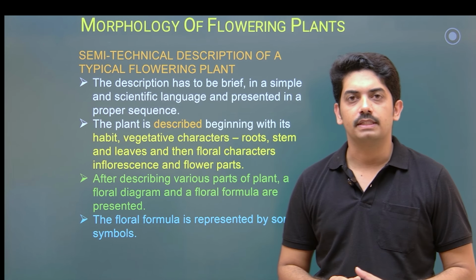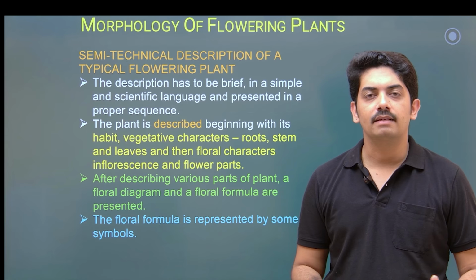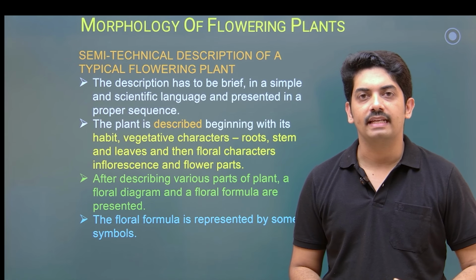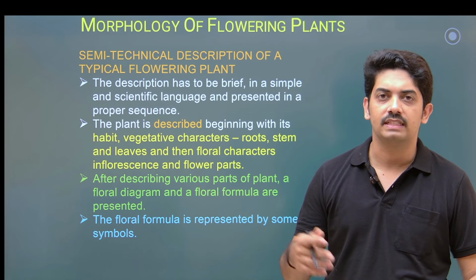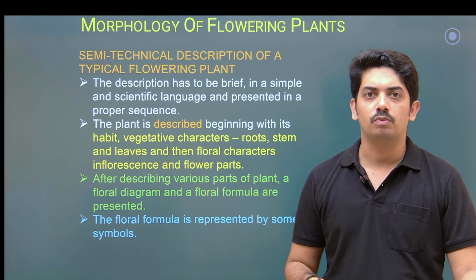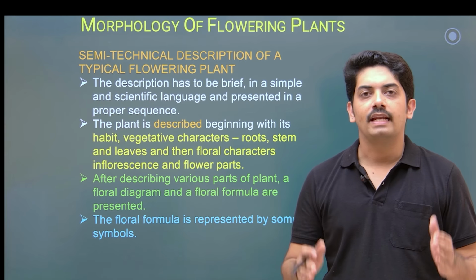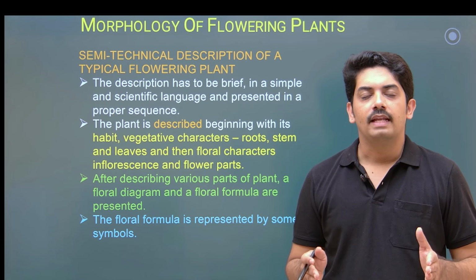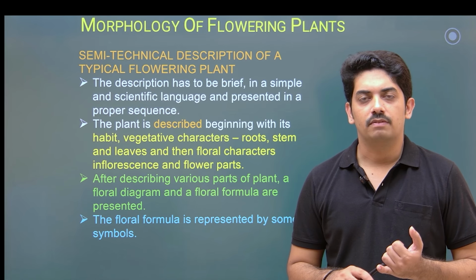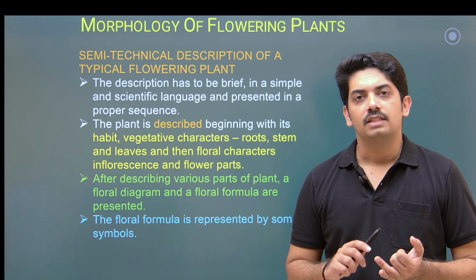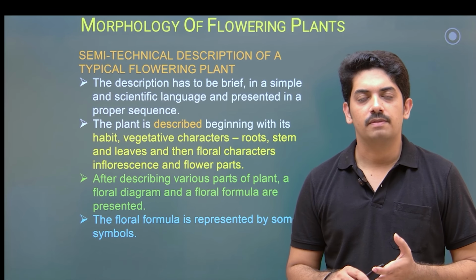So what does it mean? You cannot randomly write the characters, like taking the fruit character first, then seed, then ovary, then flower, then inflorescence, then vegetative part, not like this. There is one proper order. First we take vegetative characters like the habit of the plant, then root, stem, leaves.